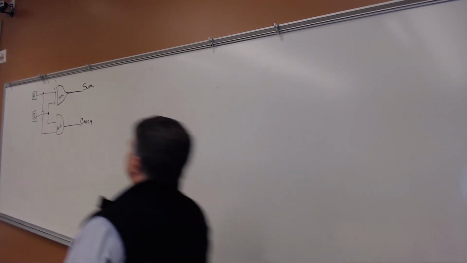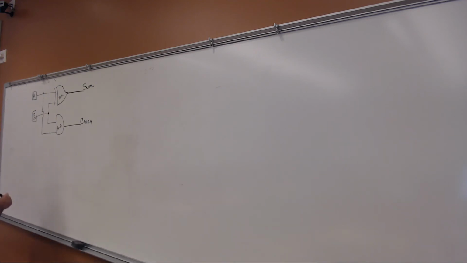This particular circuit enables us to add together two bits of information. All right? Let's create the truth table to see what it does.